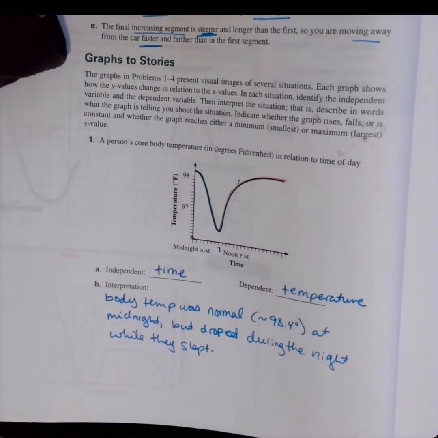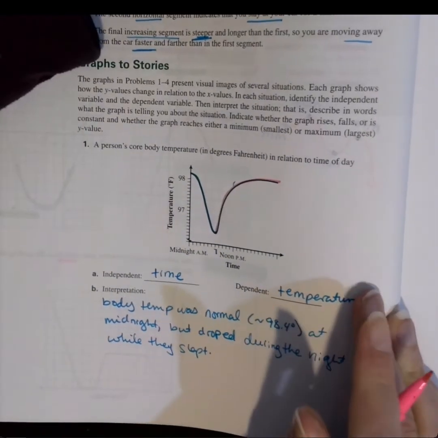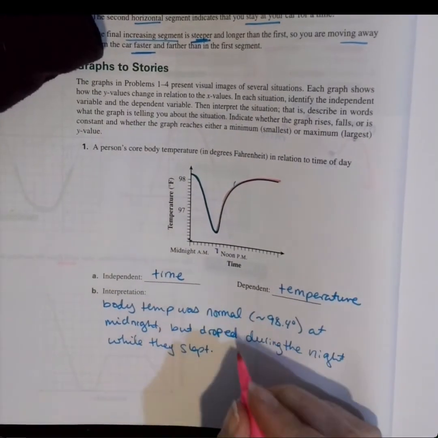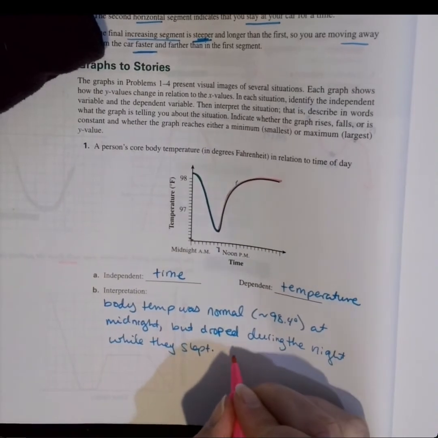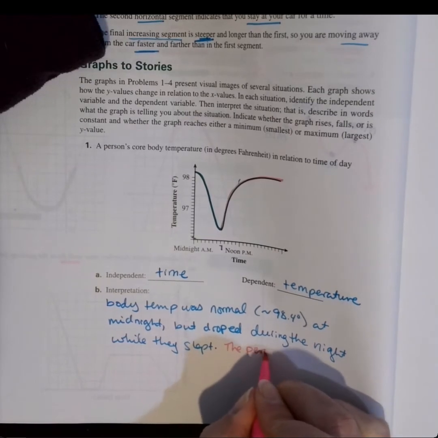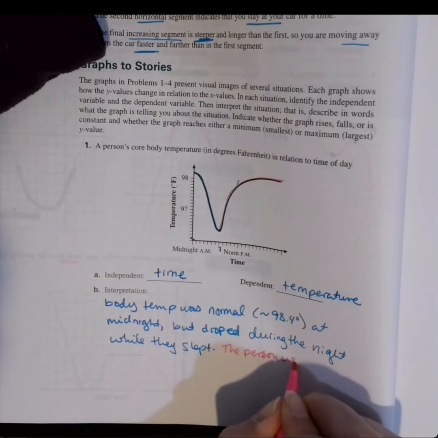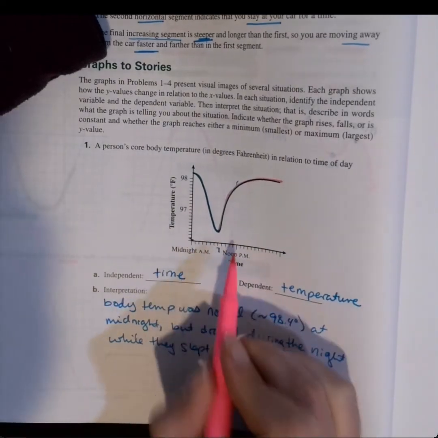And we'll say that the person woke up about 7 a.m. Hopefully I counted that right.